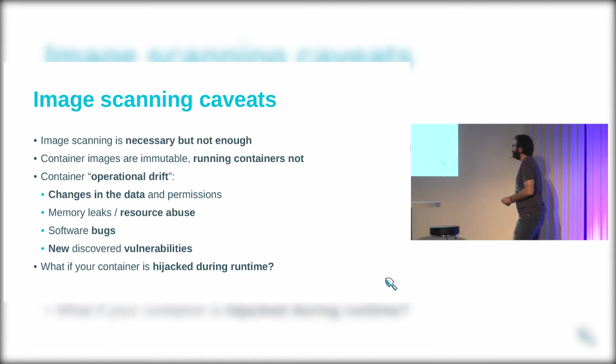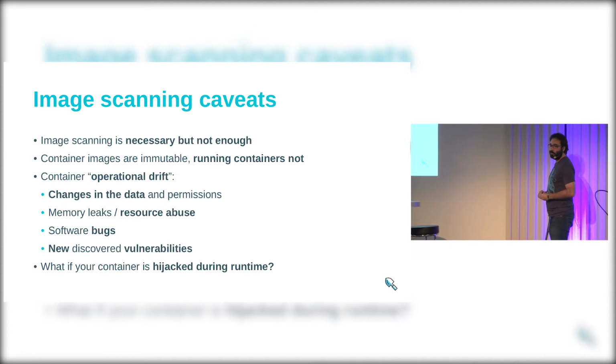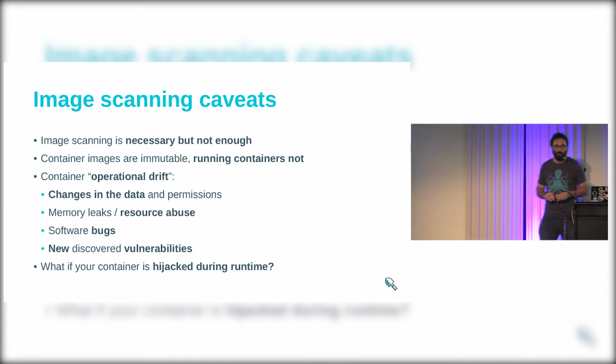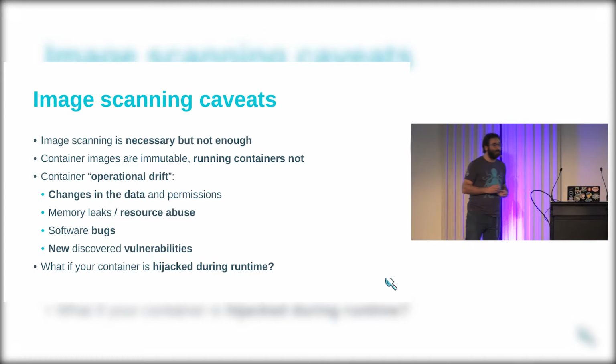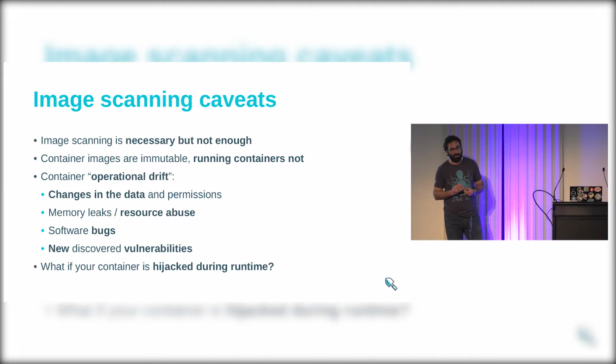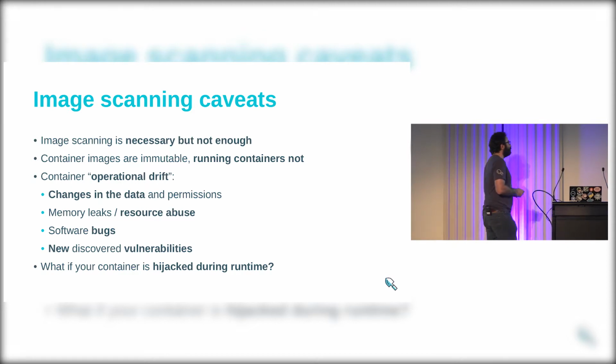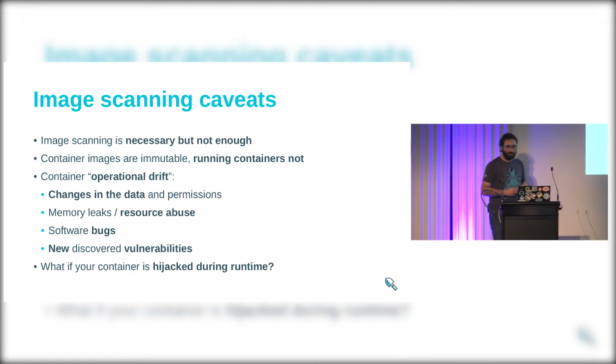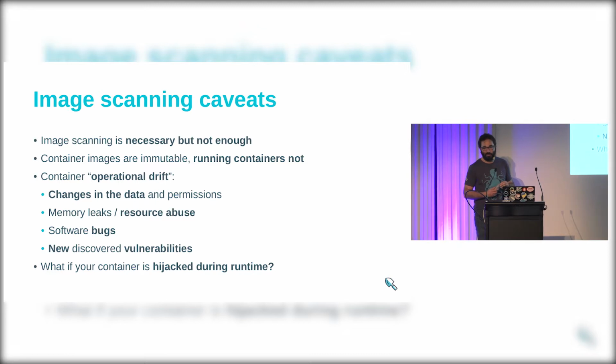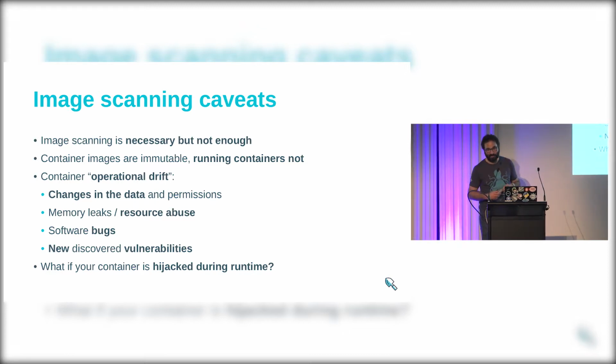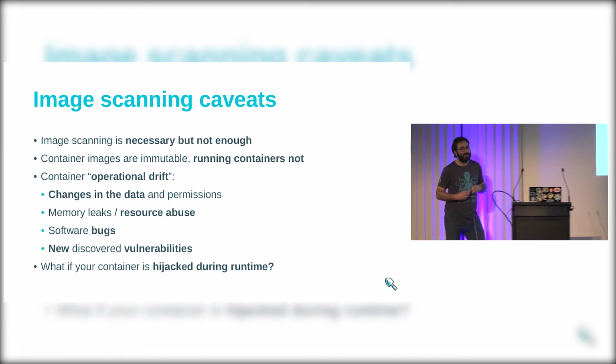Also, image scanning is pretty cool. It is going to address a lot of things, but it's not enough to cover all the possible risks. I mean, container images are immutable, but when you put the container in production, it's going to have what we call operational drift.